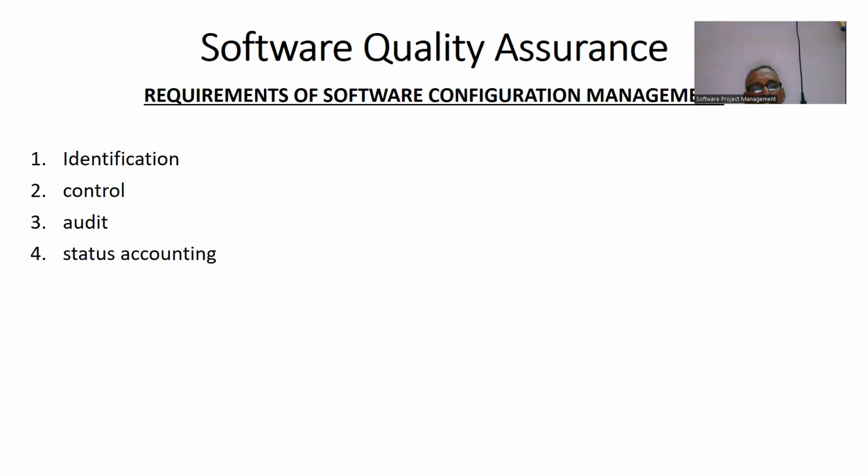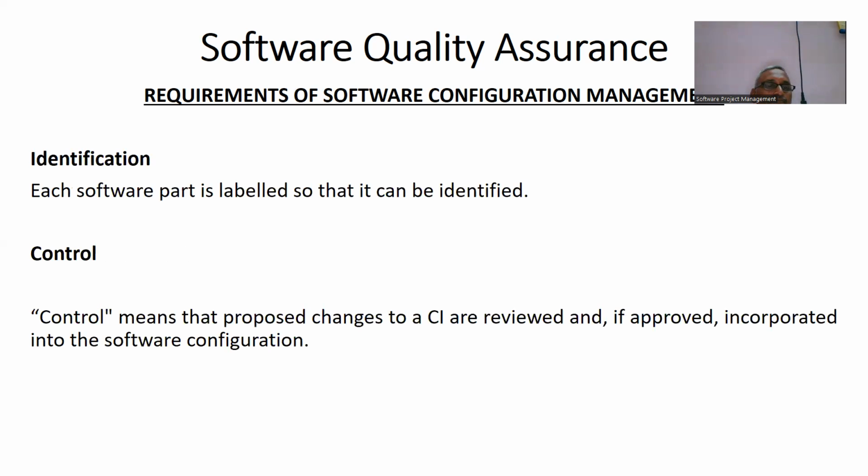Think of this as a bill of materials for all the components in our automobiles. Next one, control. In the context of configuration management, control means that proposed changes to a CI are reviewed and, if approved, incorporated into the software configuration.